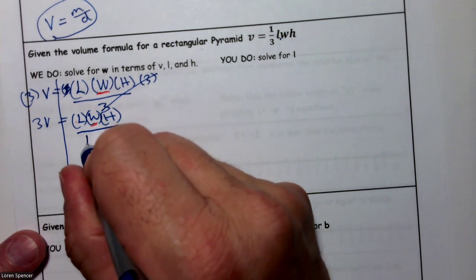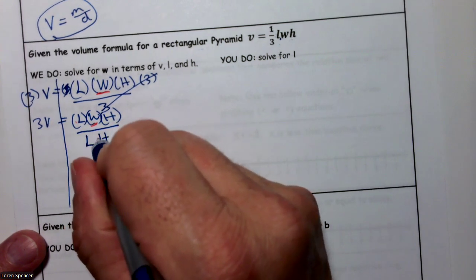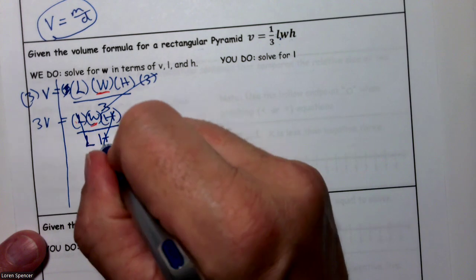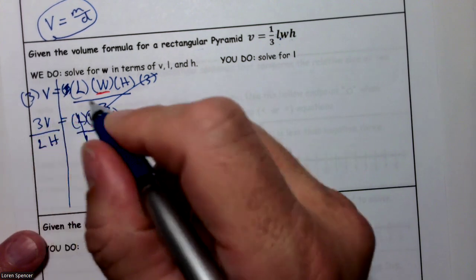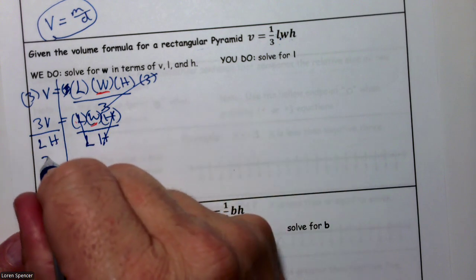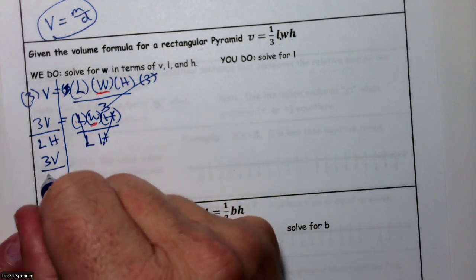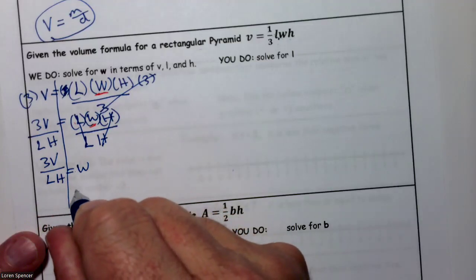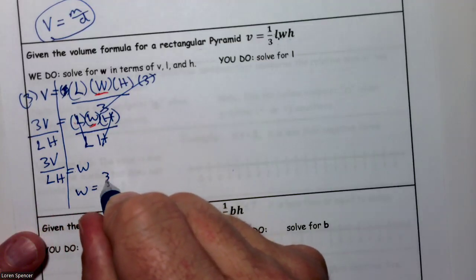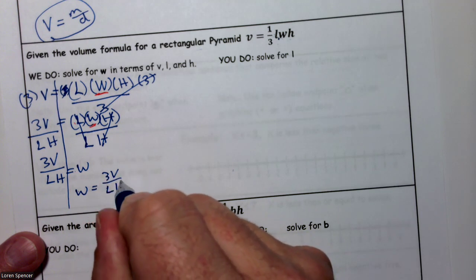Well, you do division. So this becomes L and this becomes H. Well, this cancels out and this cancels out, but I have to do it on this side. So now I have 3V over LH equals W, where the final answer is W equals 3V over LH.